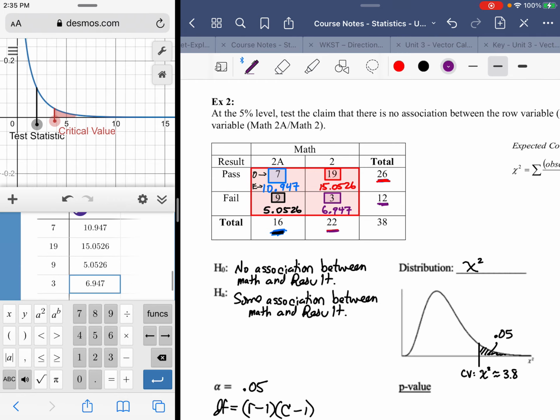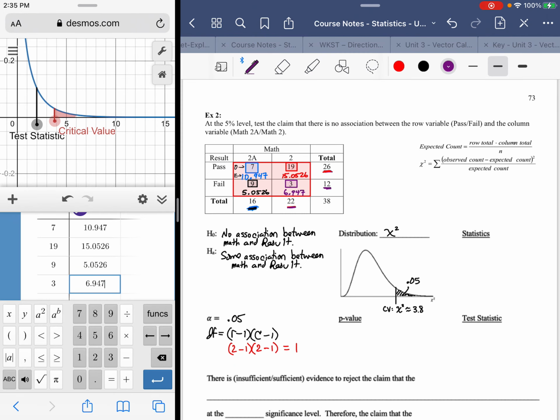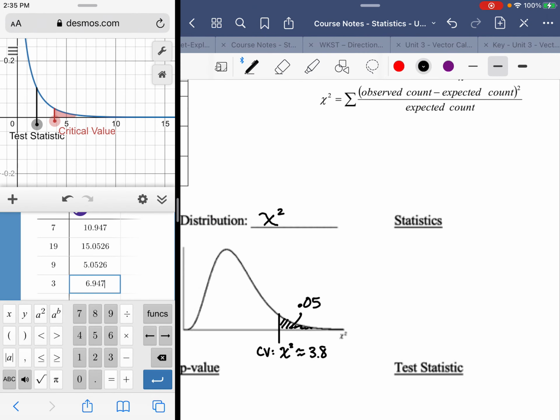Those are the four entries that we're going to use in our chi-square formula. Chi-square is equal to the sum of O minus E squared divided by E. Observed minus expected, squared, divided by E.